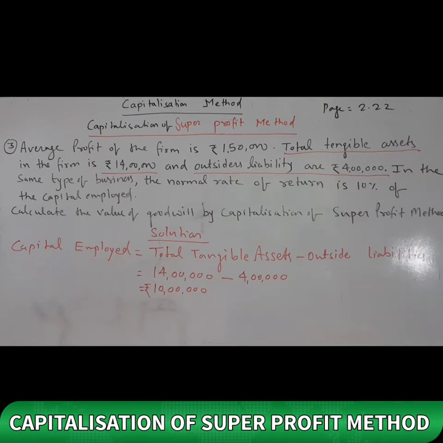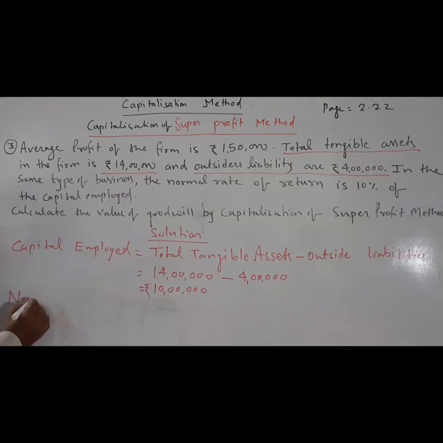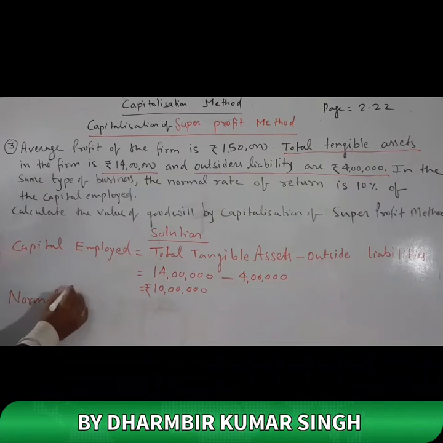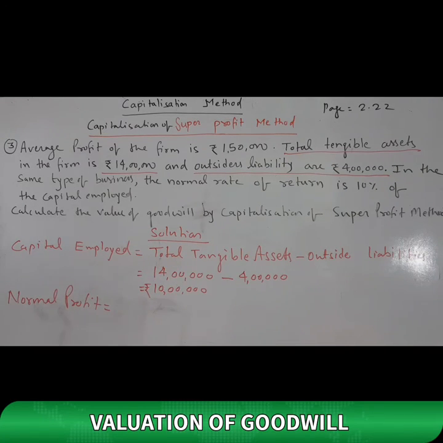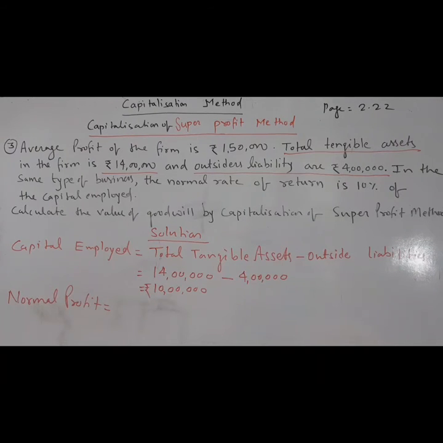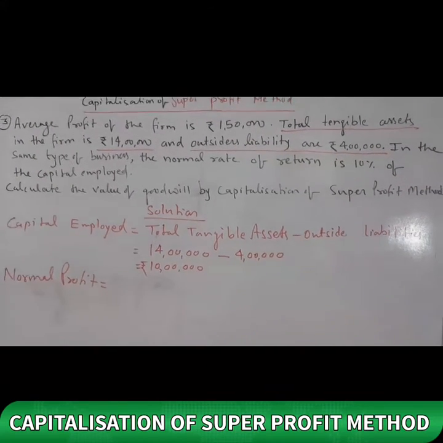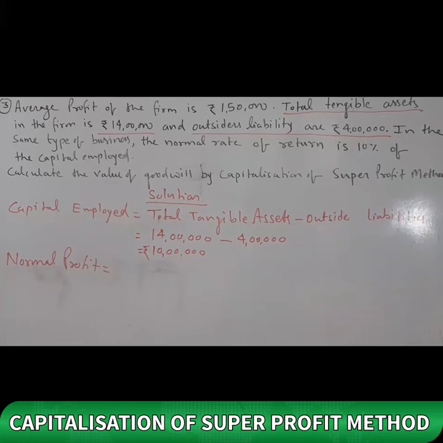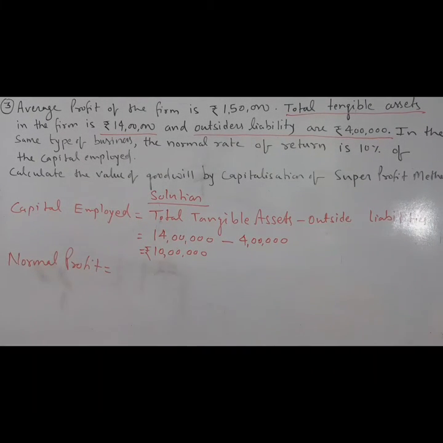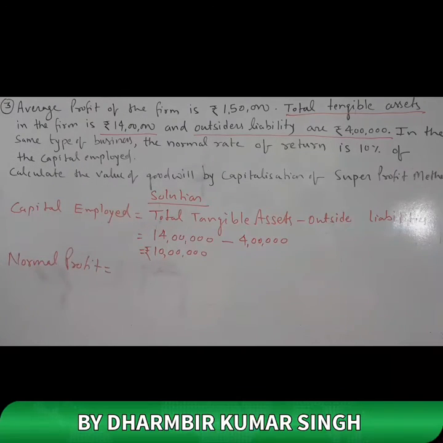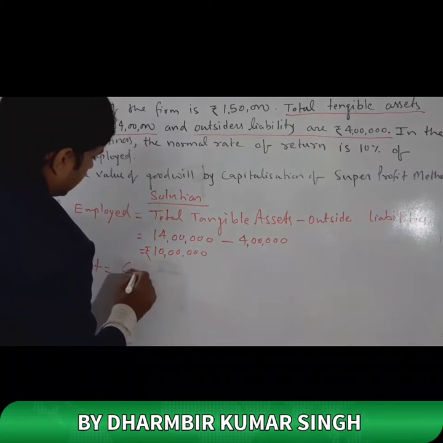And now the normal profit. We know very well the formula of normal profit: normal profit is equal to capital employed into normal rate of return divided by 100.